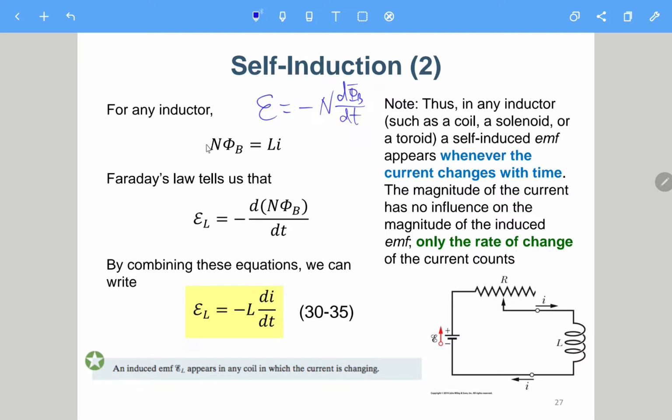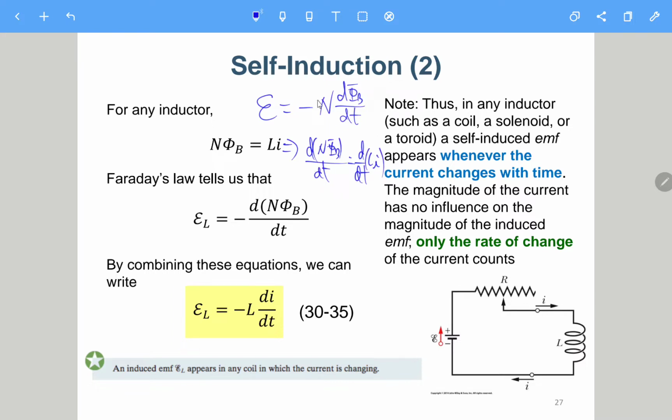So we take the derivative on both sides. So we have d N phi B dt, and then we have d dt of L times I, like this.